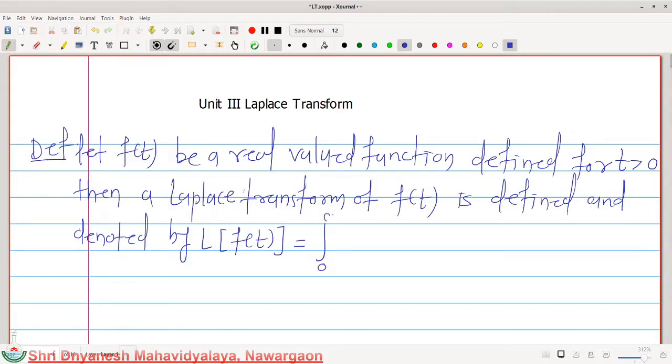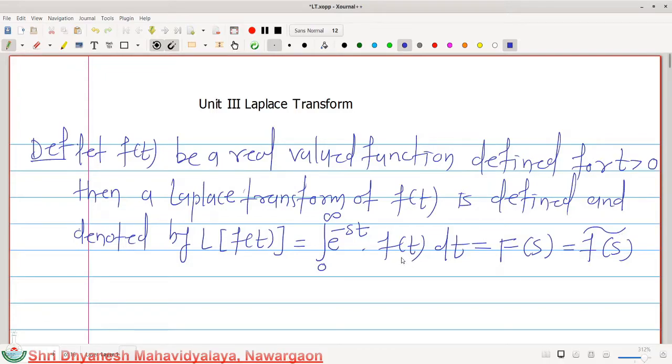integration from 0 to infinity e to the power minus st into f of t dt, and the transformed value of the function f of t is denoted by capital F of s, or it is sometimes written as f of s.